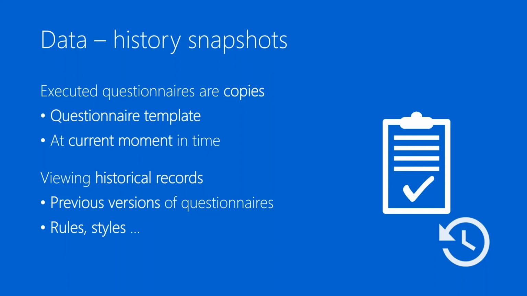This is very useful because if the designers modify the questionnaires in the future and might even delete some of the questions, when you open the historical records, the questionnaires which were answered, I don't know, half a year ago, you will still see the full set of questions, you will still see the same rules, even with the possible mistakes, so you will have the certainty that you have the snapshot of the answered questionnaire at that point in time.